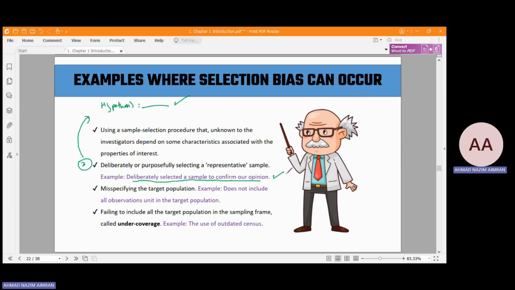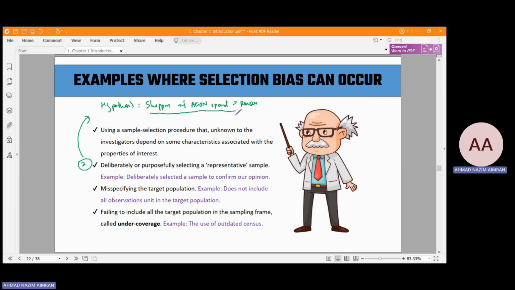For example, the hypothesis stated that most shoppers at Aeon spend more than 500 ringgit. Okay, so this is the hypothesis that the researchers would like to confirm.